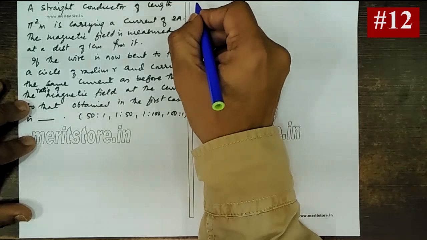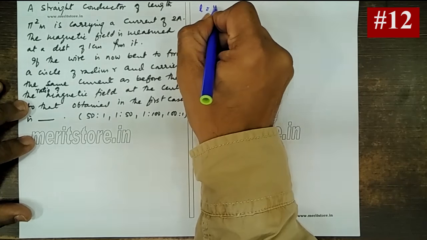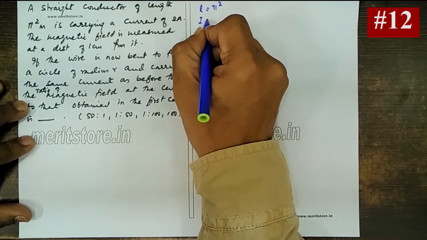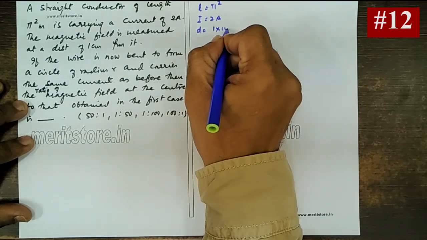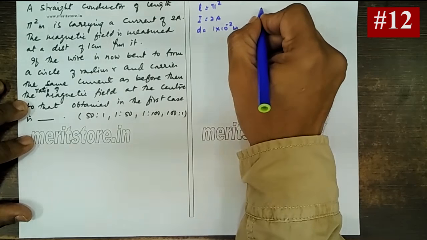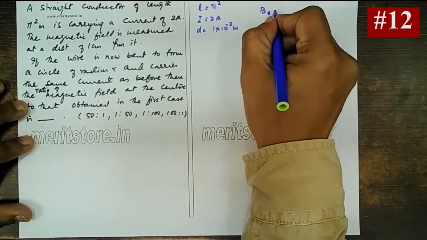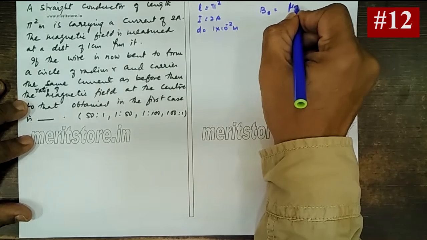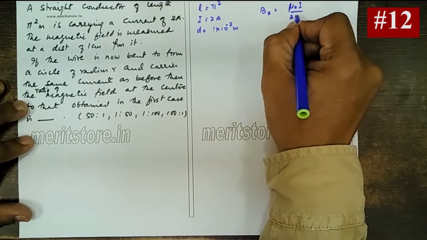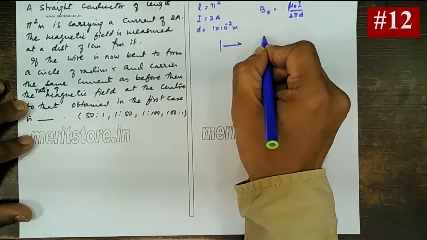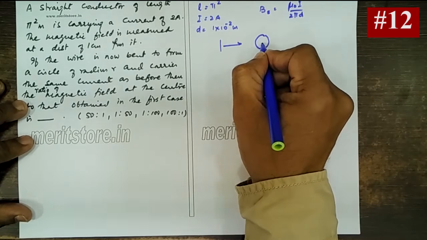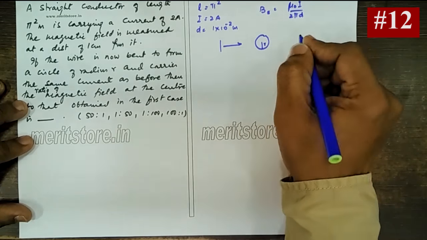So my data tells me length is equal to pi squared, current I is 2 amperes, distance d is 1 into 10 raised to minus 2 meters. Then the magnetic field due to the straight conductor, say Bs, is equal to mu 0 I upon 2 pi d. Now the same wire is bent to form this circle of radius small r.